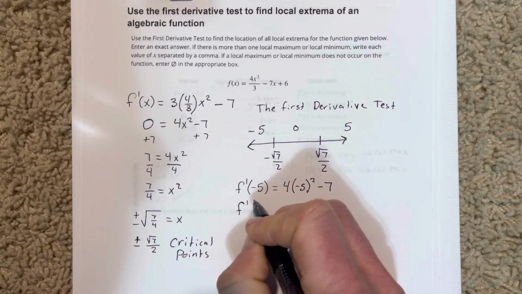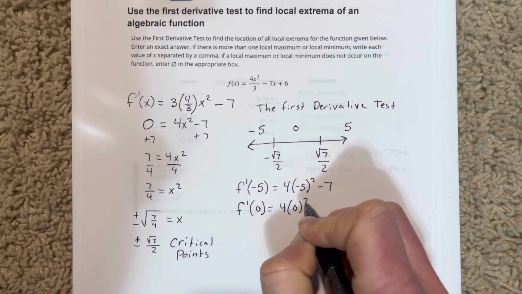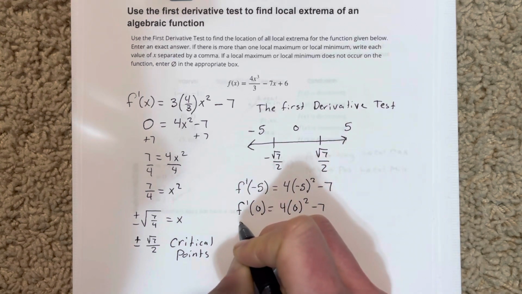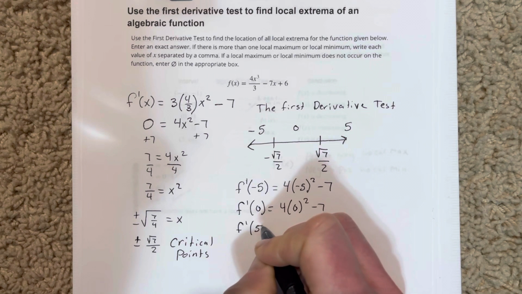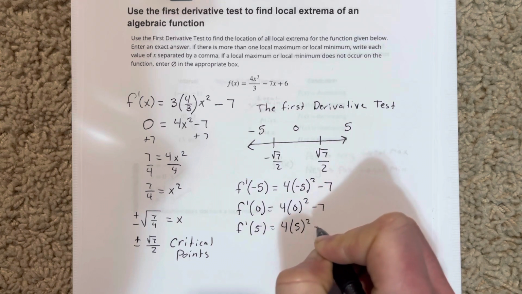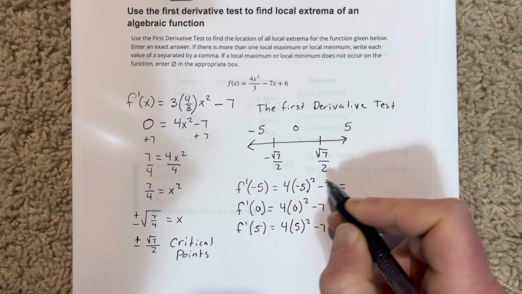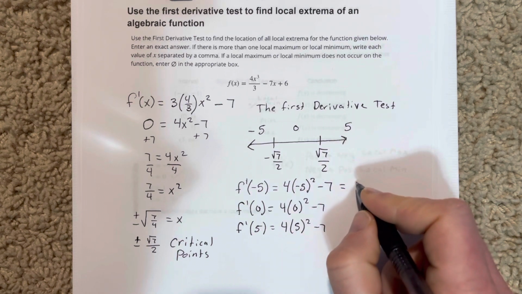I'm going to do f prime of 0. So 4 times 0 squared minus 7. And then f prime of 5. 4 times 5 squared minus 7. So this will give you 25 times 4 is 100 minus 7, that's 93.